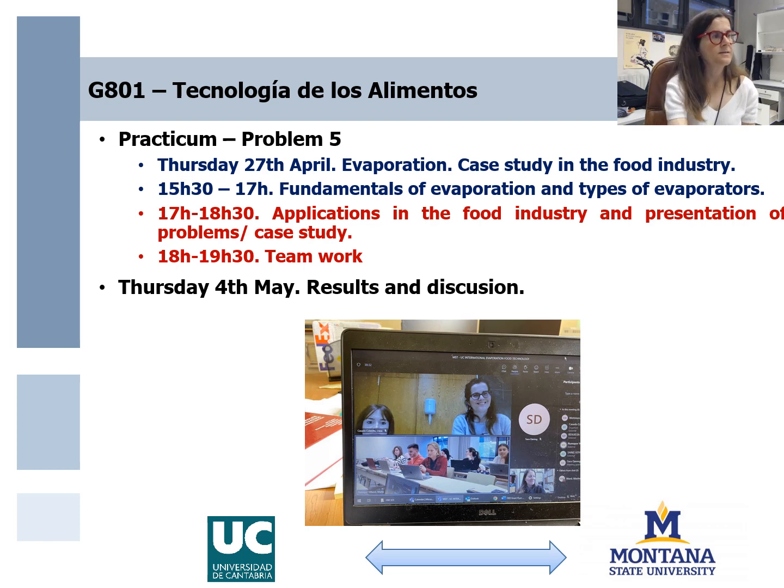Then a real case study of food evaporation technology in a milk factory in the region of Cantabria in Spain was presented to the whole class, and the problems started, where the students were divided in team rooms. The results were variable because the American students had worked on the handout problems beforehand, and the Spanish students had not.